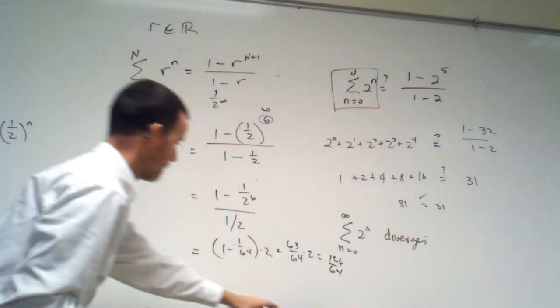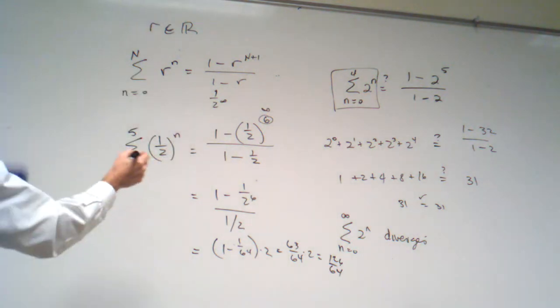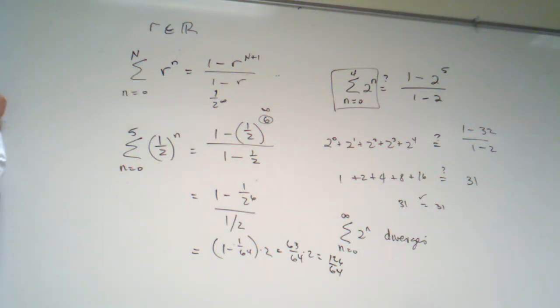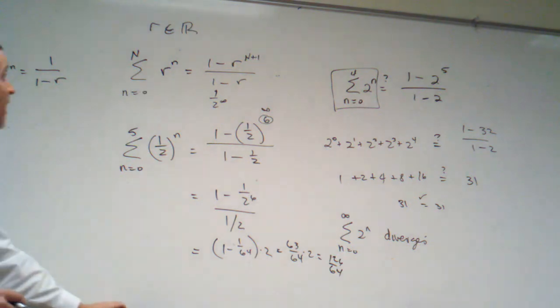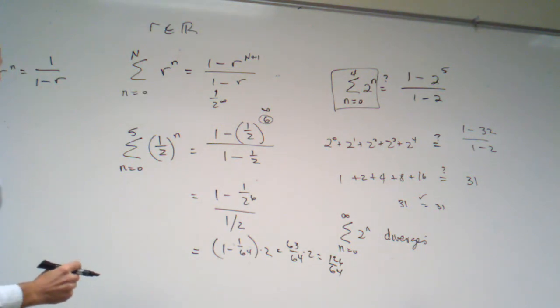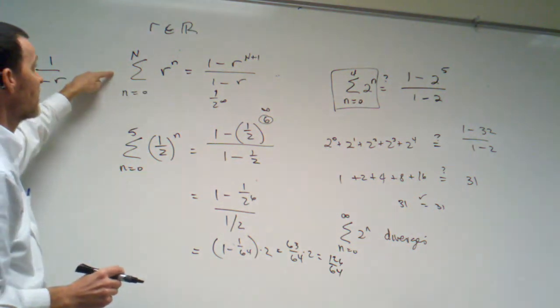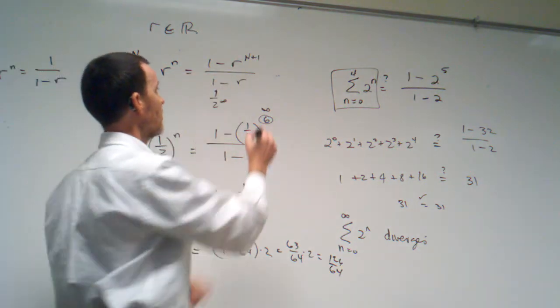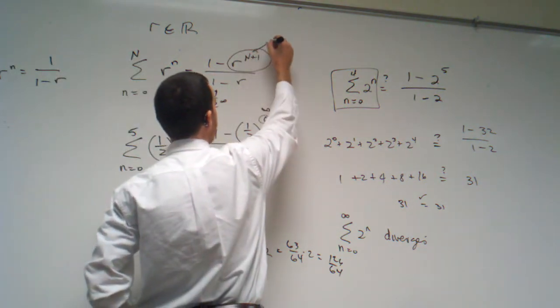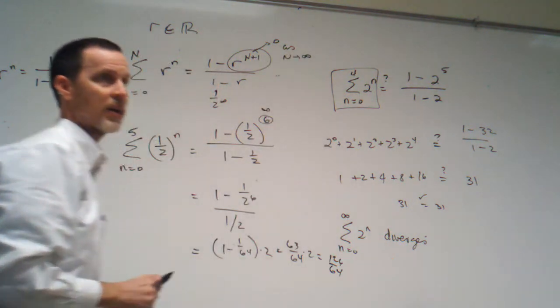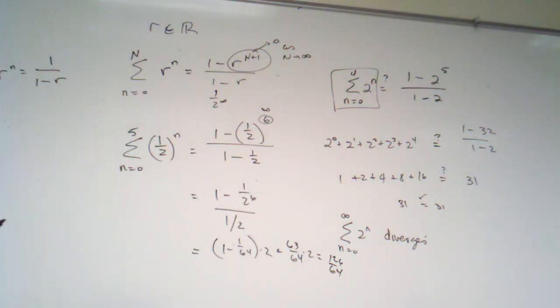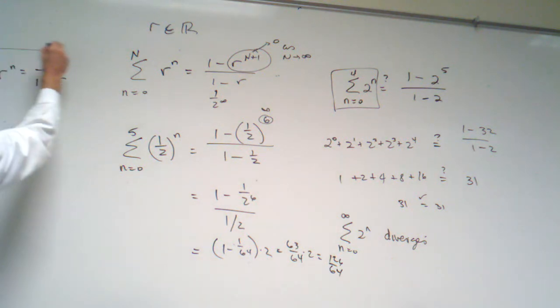So that gives us a second very important formula. Because what is the definition of this going to infinity? It's the limit of this as n goes to infinity. But as n goes to infinity, that goes to 0, right?